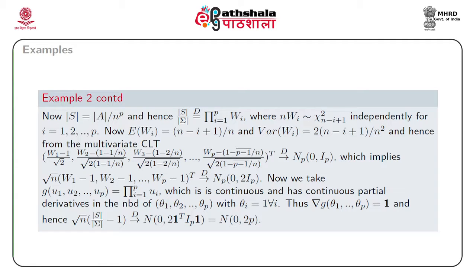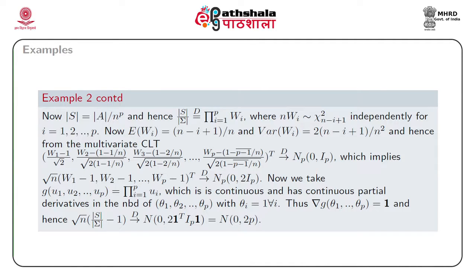Now we take our g function as g, a function of the variables u1, u2, up to up, which is defined as the product over i from 1 to p of ui, which is continuous and has continuous partial derivatives in the neighborhood of theta 1, theta 2, up to theta p, and in this case it is very easy to find that theta i equals 1 for every i.